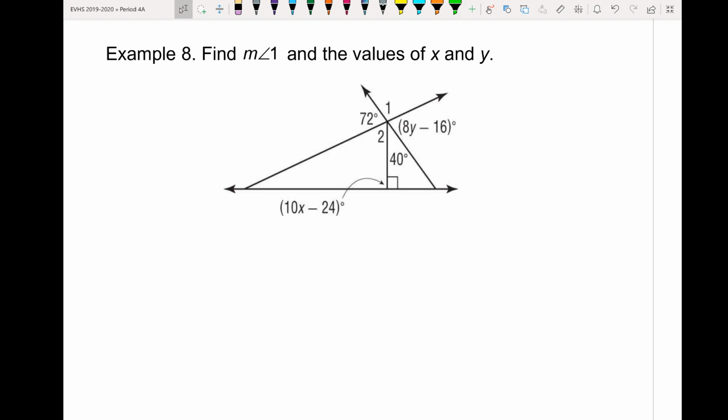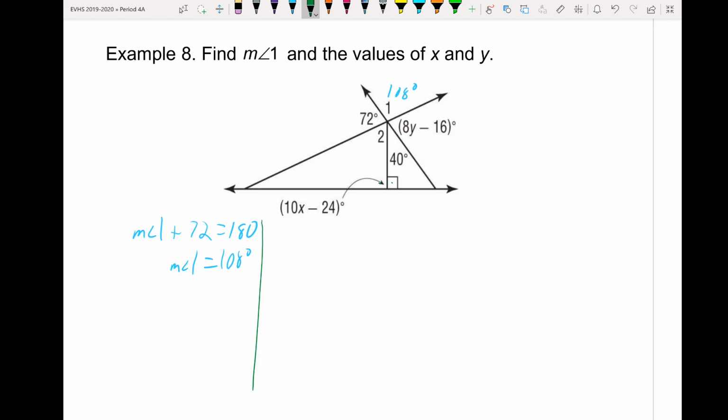All right, find the measure of angle 1. Well, here, the measure of angle 1 plus 72 equals 180. Why? Because they're a linear pair. So that means the measure of angle 1 is equal to what? 108 degrees. Now for x.